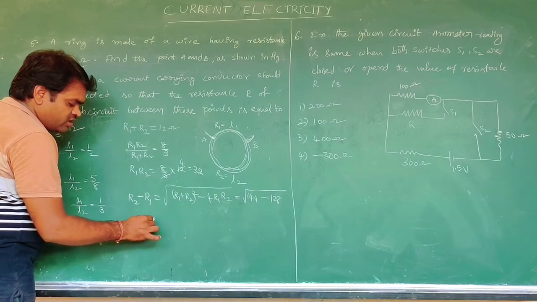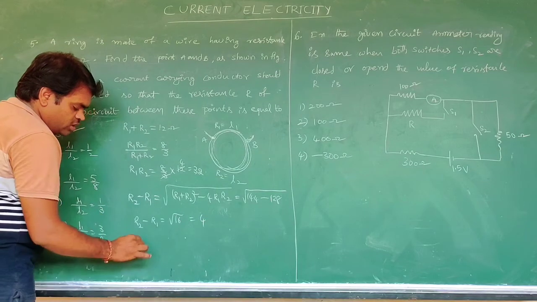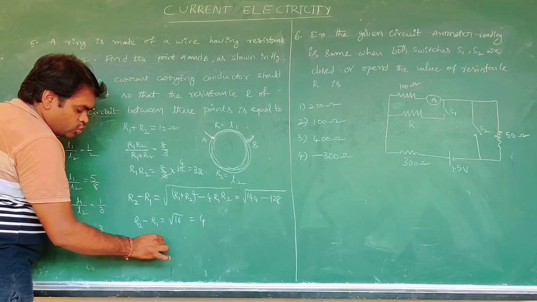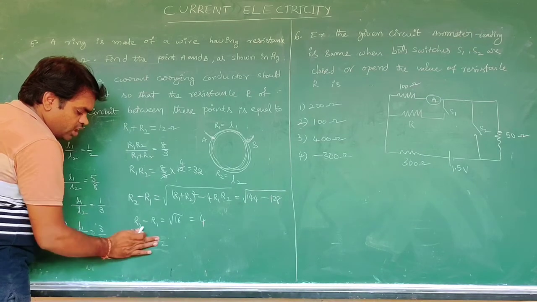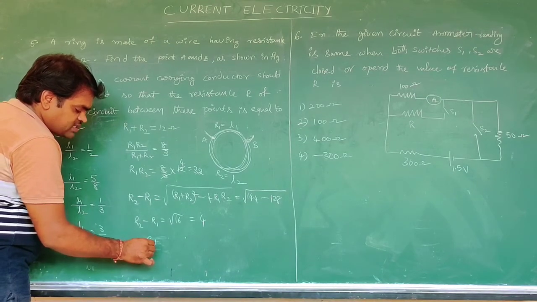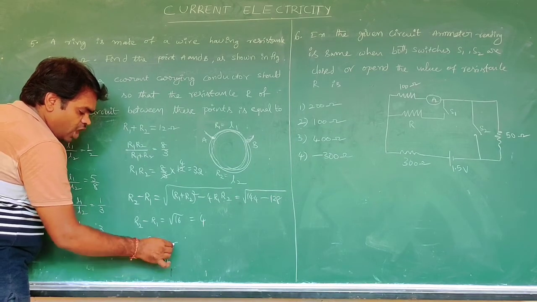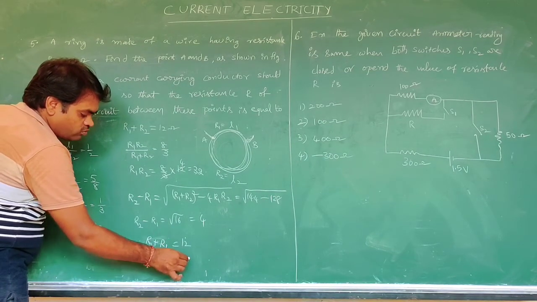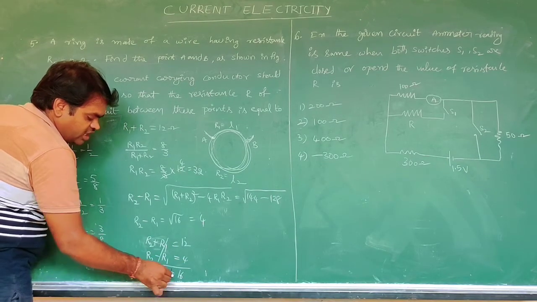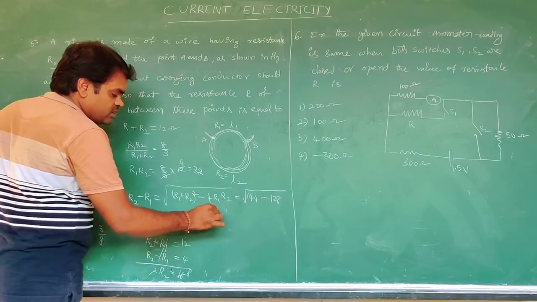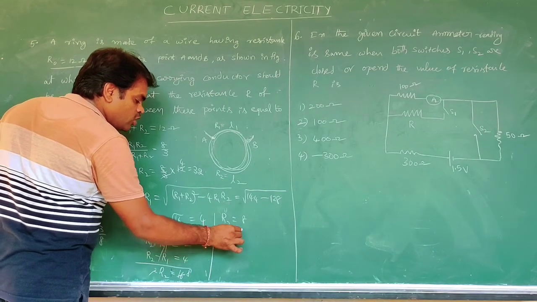R2 minus R1 is equal to root 16, that is equal to 4. Then R1 plus R2 plus R2 minus R1 is 12 plus 4. Then cancel, 2R2 is equal to 16. That is R2 is equal to 8, R1 is equal to 4.